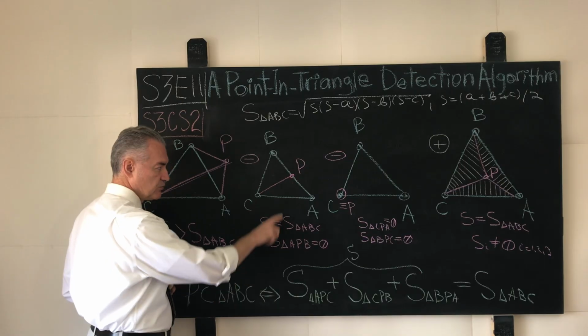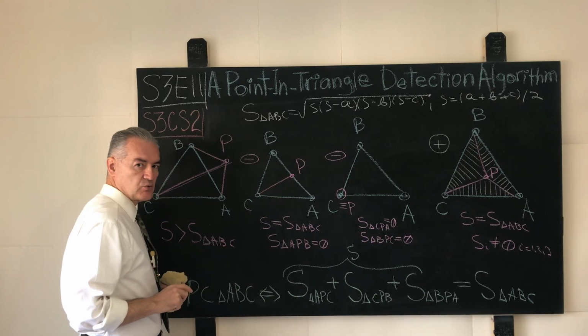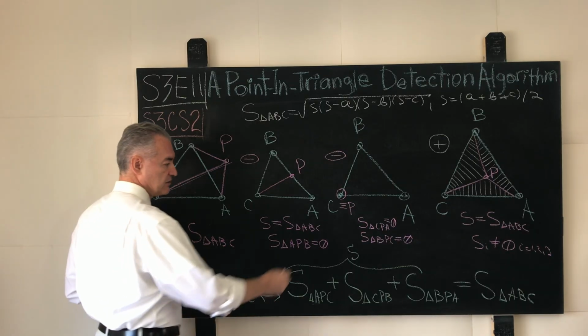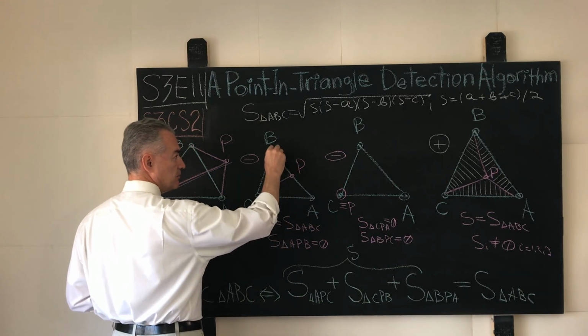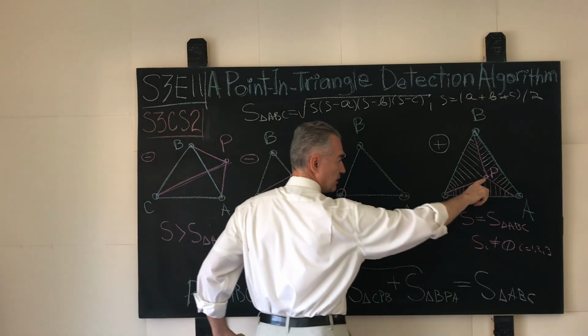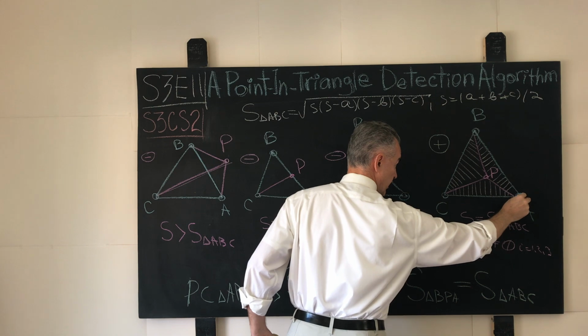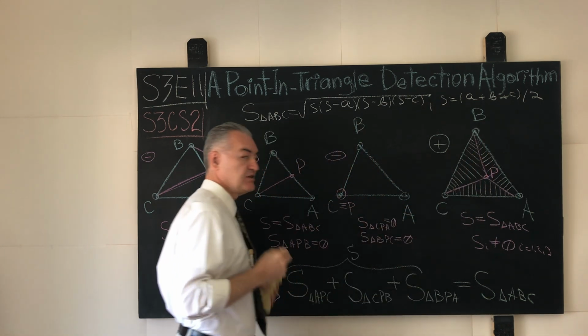In this case, what triangle will contribute 0 as its area? Well, evidently the triangle APB. Here we move the point P onto the side AB, and then the triangle APB becomes degenerate.